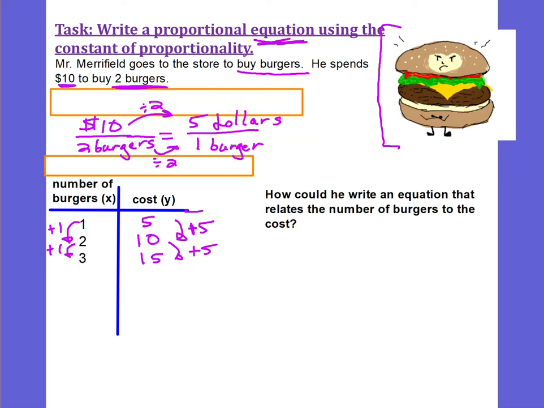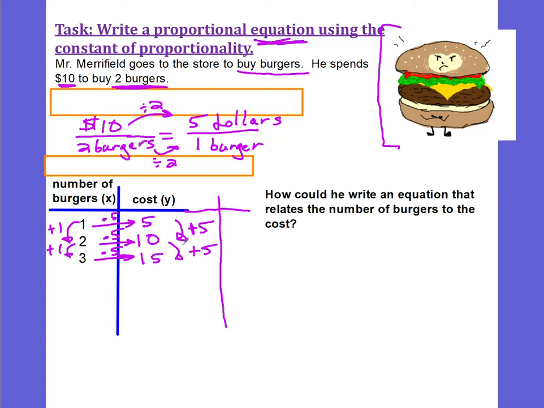What you could also do is use a multiplication operation for this. You can ask yourself, well, if I have 1 burger, what do I multiply it by to get the cost? Well, 1 times 5. If I have 2 burgers, I've got to multiply by 5 as well. 3 burgers, I've got to multiply by 5. We've got this second sort of hidden operation.